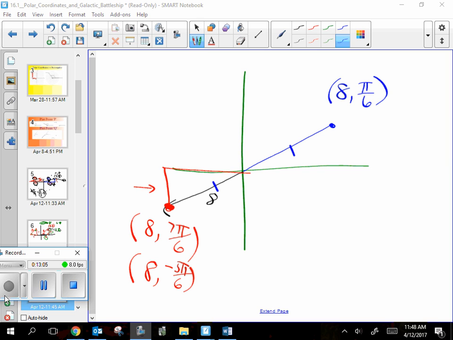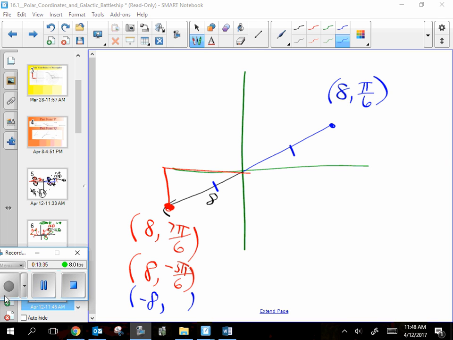Now, just to be clear, those are completely different points. But it helps me to write a new way to say this point that, again, is going to stretch some of you. This point could also be written as, would you agree that they're going the opposite direction as each other? Maybe that'll help you to think of a negative as the opposite of.